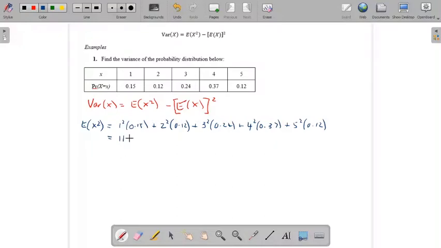Calculating that gives 11.71, and also the expected value, which is worked out similarly.